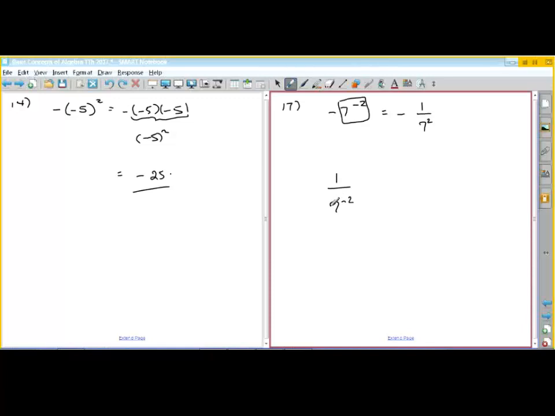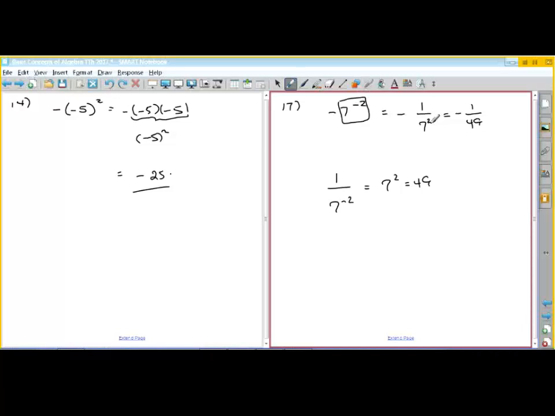So if you had something like 1 over 7 to the -2 power, what would that be equal to? Yeah, you can do the same thing in the other direction. If I have a negative in the denominator, I can move it to the numerator and make it positive. So this is 49. Now over here, it's going to be equal to -1 over 49.